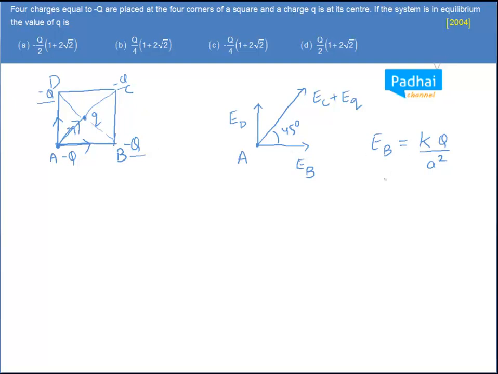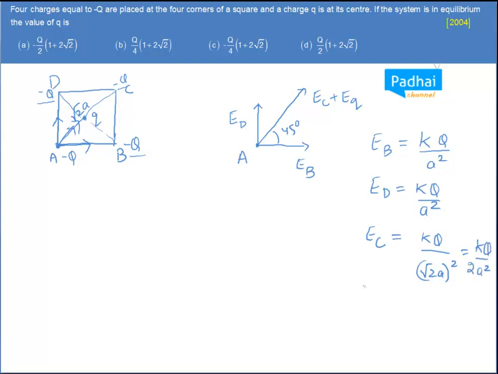We are here also seeing only the magnitude because we have already considered the direction, which is correct, right? So what will be due to D? D will be the same, kq upon a square. What will be due to C? Now AC distance is root 2 a, because in a square it will be root 2 a. So EC will be equal to kq upon root 2a whole square, which is kq upon 2a square.